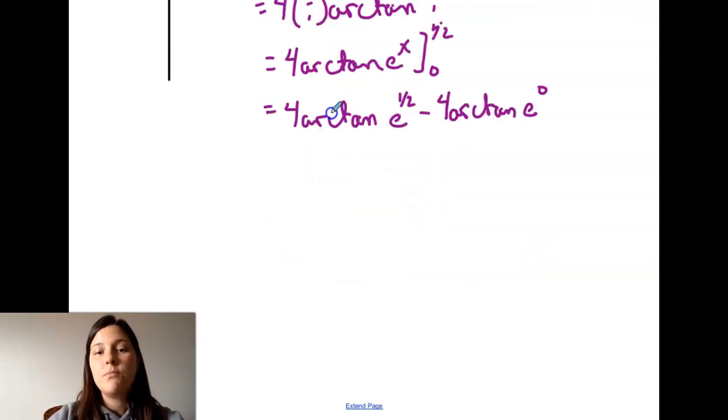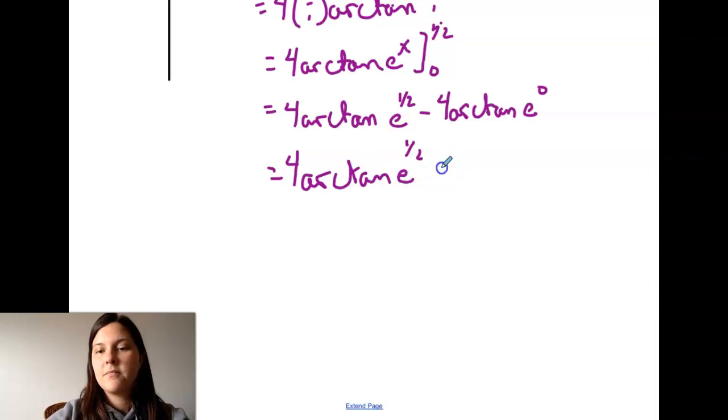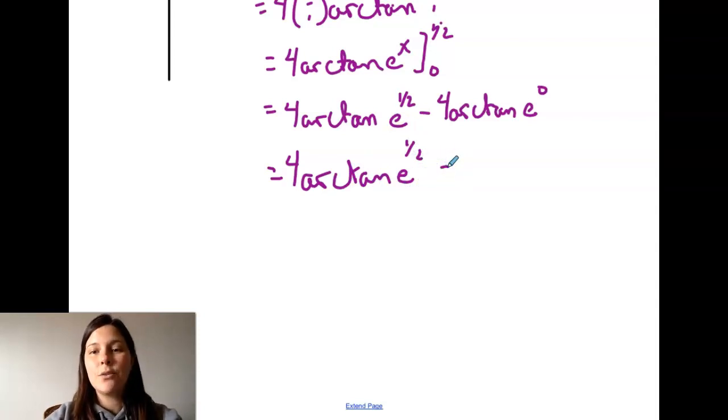Now, since we won't be able to simplify this first one exactly, to give an exact answer, we would leave this as 4 times the arctan of e to the 1/2. And then e to the 0 is 1.